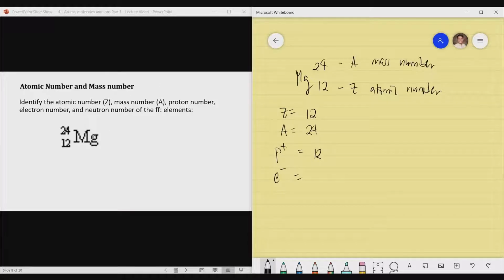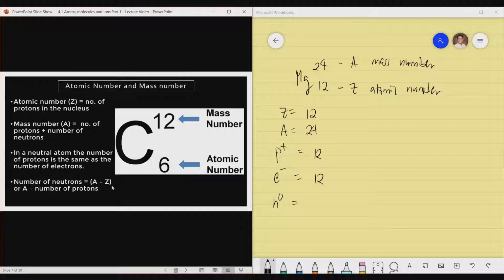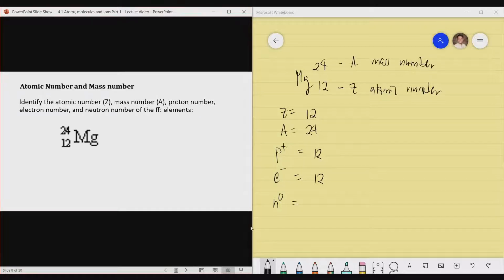Neutral ba sa Mg, sa magnesium? Opo, neutral. Kasi hindi naman siya electrically charged. Wala naman nakalagay na negative or positive. So, neutral, parehas si proton at electron. 12 din. How about neutron number? Neutron number, so as we remember from the previous slide, A minus Z. Okay? So, A minus Z, your A is 24, Z is 12, that will be 12. So, 12 ang iyong neutron.